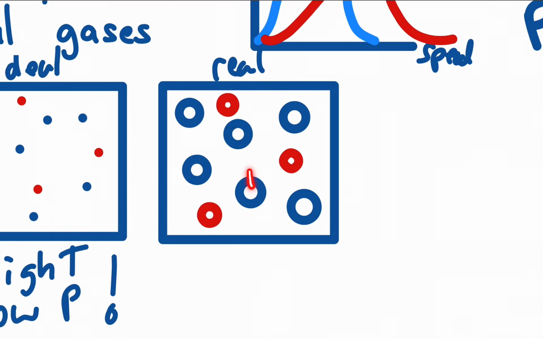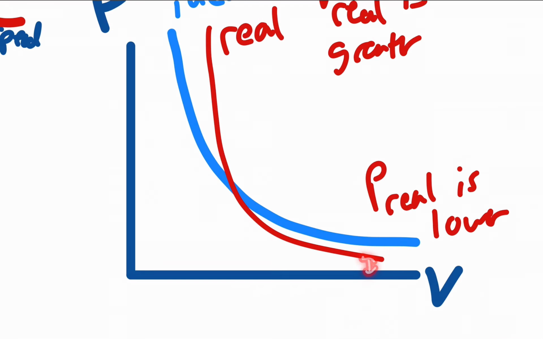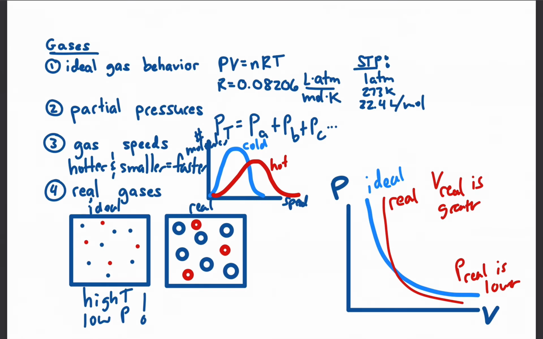They stick together and they don't hit the walls of the container. Pressure is due to particles hitting the walls of the container. That's what pressure is. But if these particles are sticking together with various adhesive forces and intermolecular forces, your pressure will simply be lower. Okay, that's a rundown of some of the things that you will be expected to use.